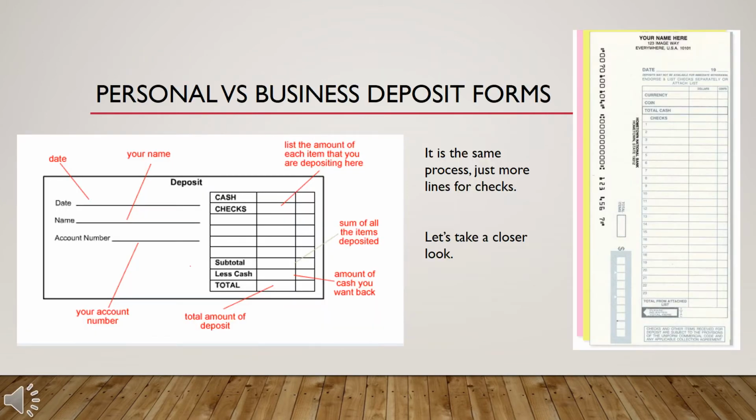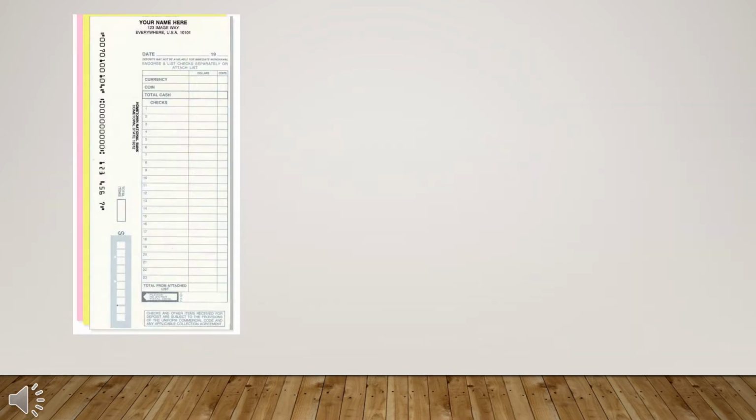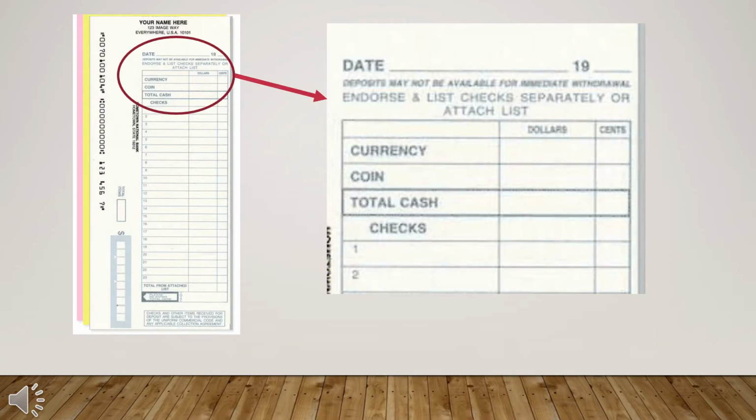Let's look at both a personal and a business deposit form. They both contain the same information. Only a business deposit slip allows you to deposit far more checks on one piece of paper than you could on a personal deposit slip. Let's take a closer look at the top of a business deposit slip.